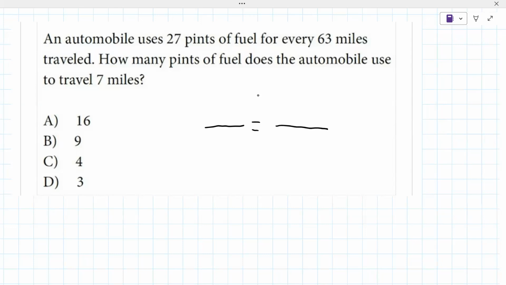Okay, so I think for me, there's 27 pints, so... Are you writing something down on your paper? Yeah, yeah. Okay.